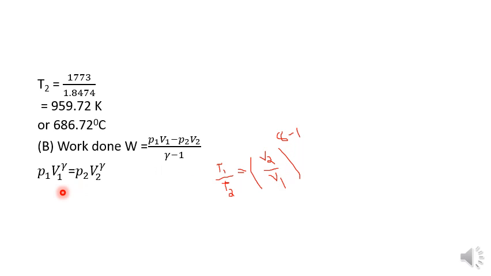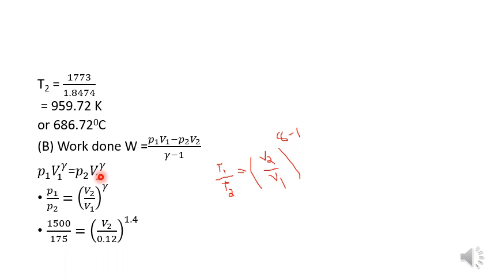Here I am using P1 V1 power gamma is equal to P2 V2 whole power gamma. So here we know the P1 value, V1 value, P2 value. We have to find the V2 value. So P1 by P2 is equal to V2 by V1 whole power gamma. So P1 1500 divided by 175, V2 by V1.